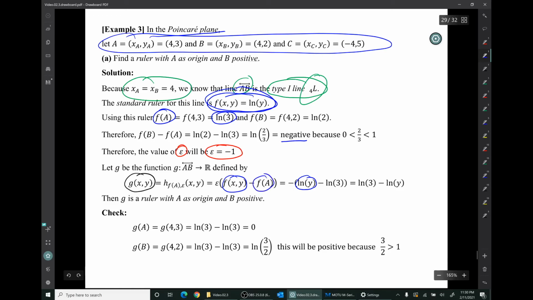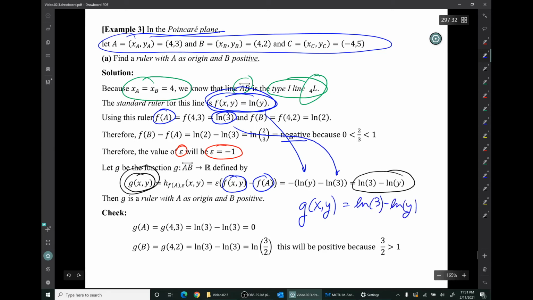Well, f of a, I didn't do very good color coordinating, did I? F of a is ln of 3, so that goes there. And then I park our epsilon in front of that expression. So what we've built is a function that's this: g of xy equals ln of 3 minus ln of y.